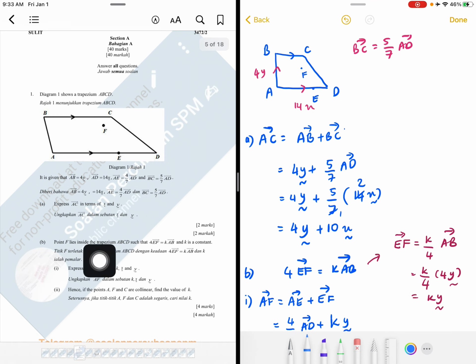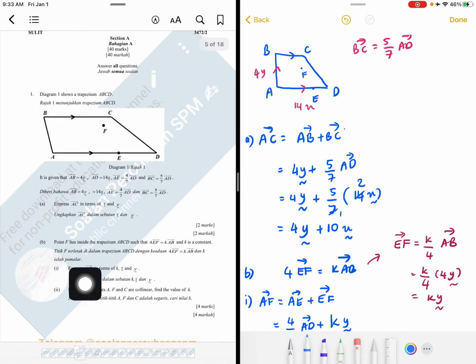Point F lies inside the trapezium ABCD such that EF equals k over 4 AB, and k is a constant. Now we know that F is located inside the trapezium ABCD. So we want to express AF.